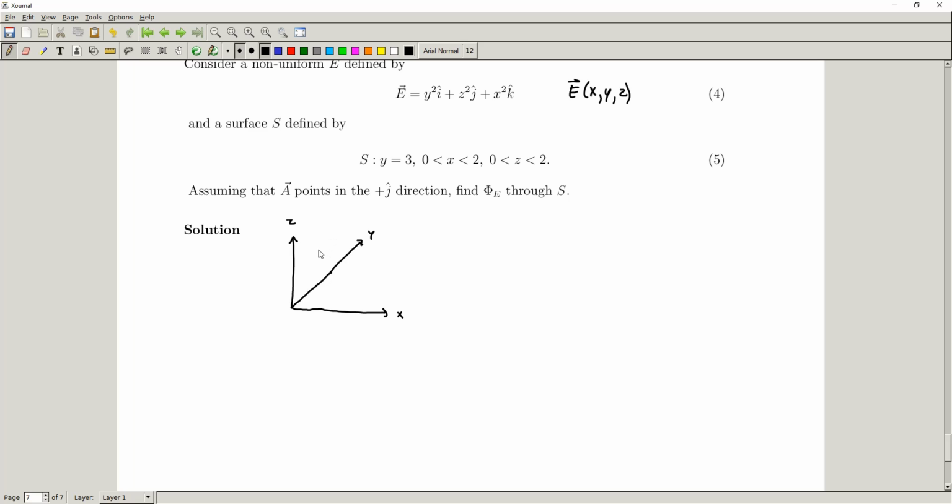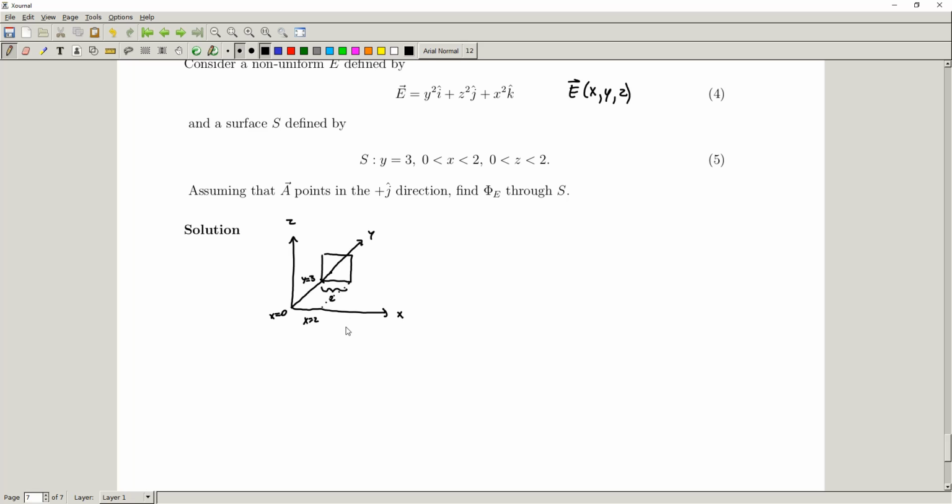Okay, so if we imagine counting out 3 along in this direction, so this is like y equals 3, we're going to have a surface sitting here. So at y equals 3, because it's telling us here y equals 3, we have a surface that extends from x equals 0 out to x equals 2, right?